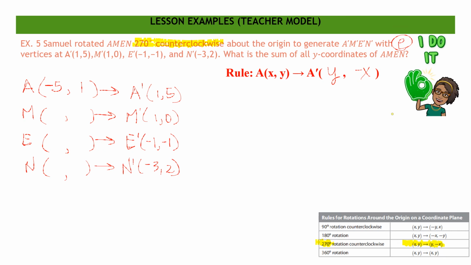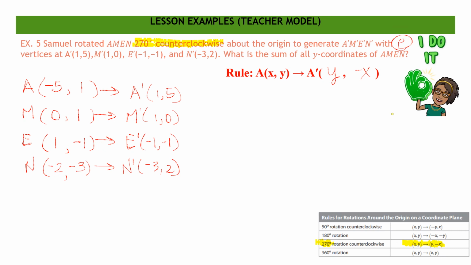If I switch that back, that's just going to be (0, 1), and I can't take an opposite sign of 0. It just is what it is, 0. And then for E, if I switch them back, I'm going to have a -1 for y, but a +1 for x. And then for N prime, I'm going to switch them back, so I have a -3 here for y, but a -2 for x.